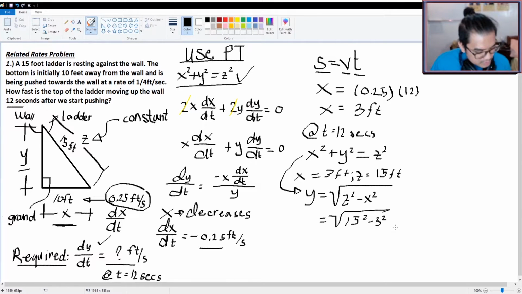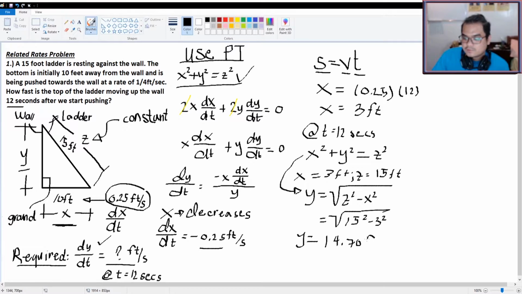Let me just use my calculator. That is the square root of 216. So y is equal to 14.6969, or we can just use 14.7.